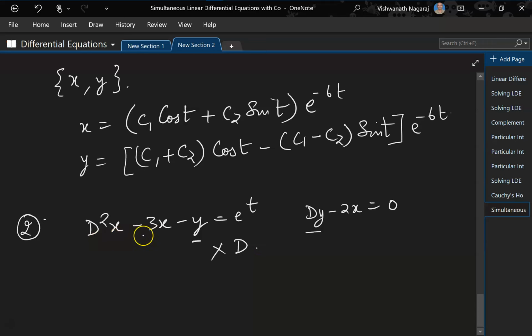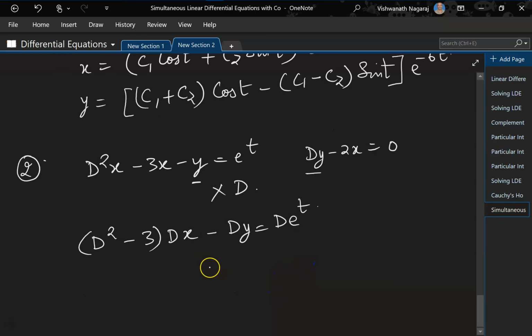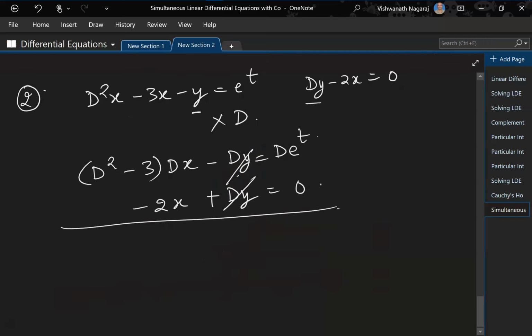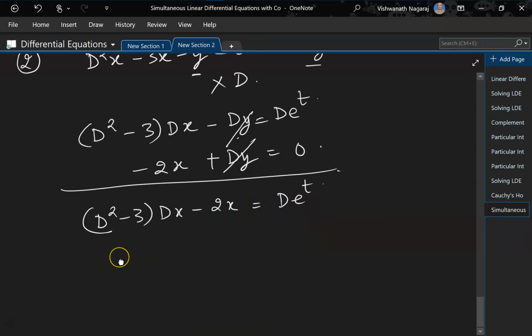Now remember, here x is common, so we can write it as D cubed x minus 3Dx, but now we are multiplying it with D, so minus Dy is equal to De^t. Now let's write the other equation: plus Dy minus 2x is equal to 0. Now we add these two, and Dy gets cancelled, and we are left with D cubed x minus 3Dx minus 2x equal to De^t, right?